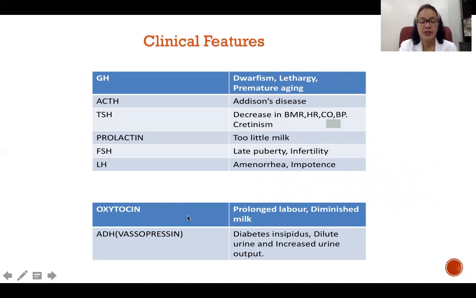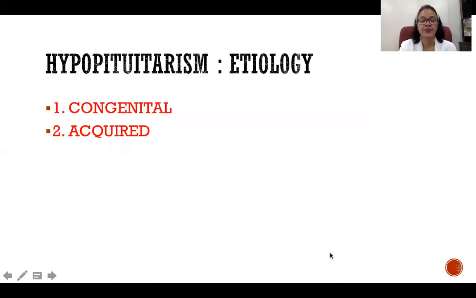Whereas in the posterior pituitary, the oxytocin can manifest as prolonged labor or diminished milk production. And when there's a problem with vasopressin, there might be manifestations of diabetes insipidus. The urine might be very diluted, coupled with polyuria.